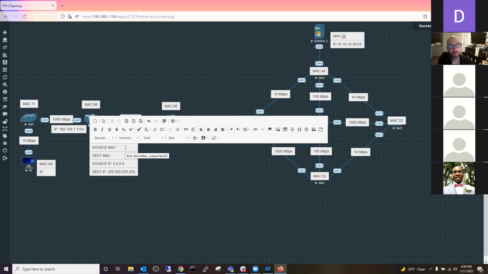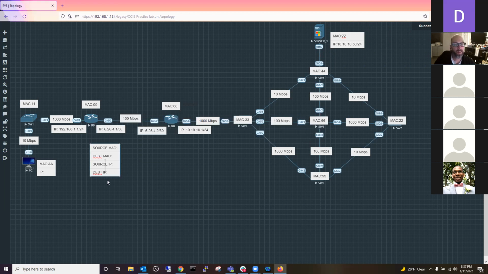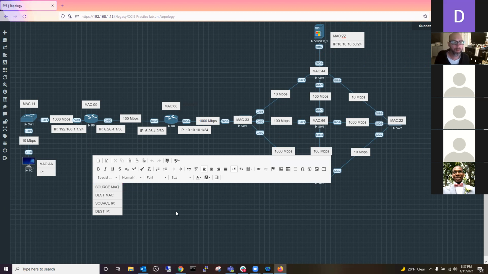The source MAC address now is going to be router 9, because it's going to go out of 9. Okay, and the destination? Will be the next router, which would be 8.